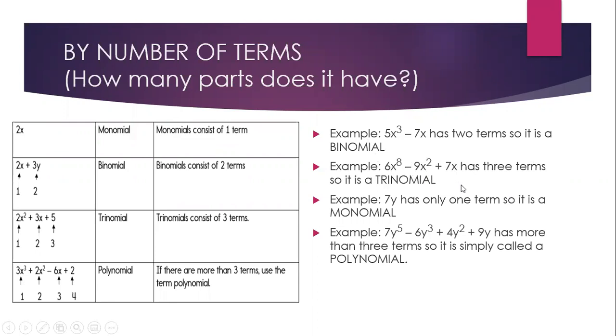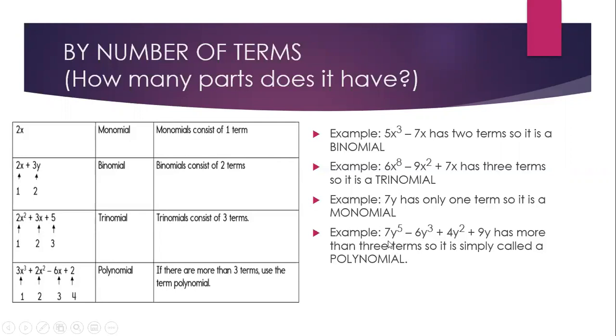So since it has 3 terms, we call it a trinomial, like a triangle has 3 sides. And 7y has only 1 term. It's all by itself, just sitting there with no friends. So it is a monomial, like in Monopoly, there is 1 winner.